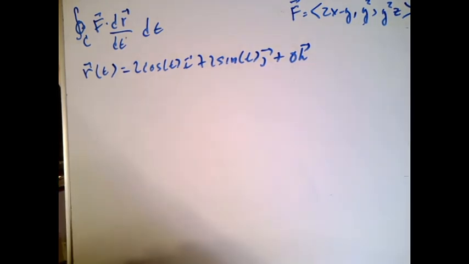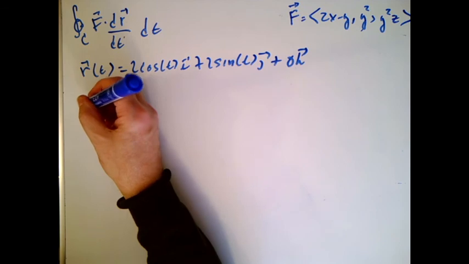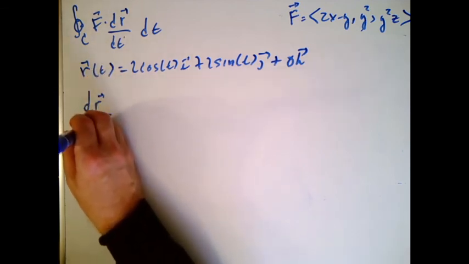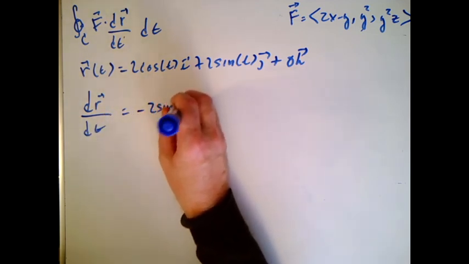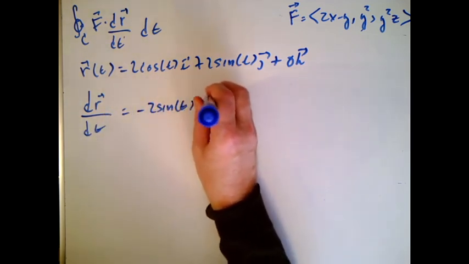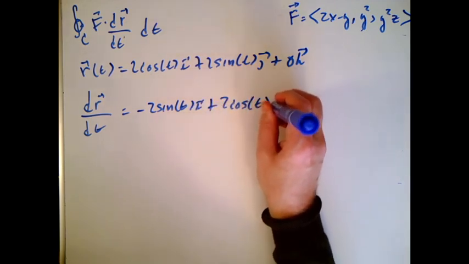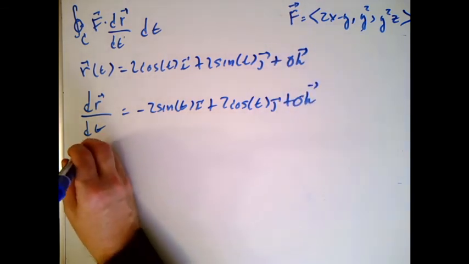And we want dr dt, not just r. So to get dr dt, we just take the derivative. I get dr dt like this. This is going to be minus 2 sine t i plus 2 cosine t j plus 0k.